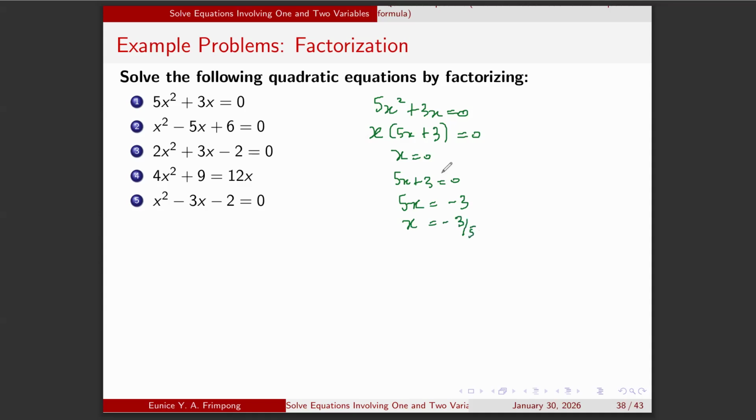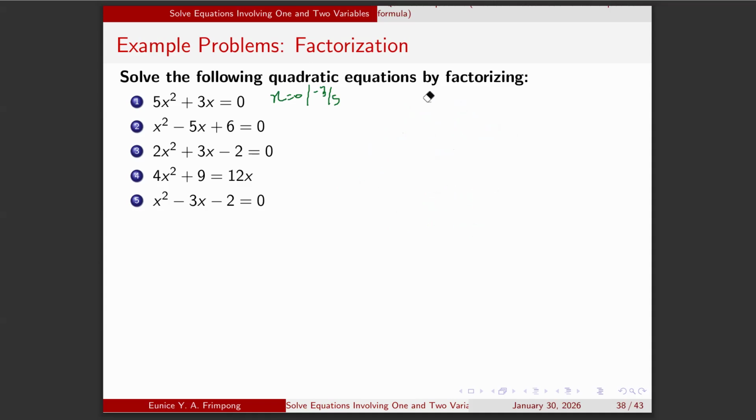So for this particular quadratic equation, x is equal to 0 or minus 3 over 5. So go through similar processes to solve for this quadratic equation using the method of factorization.